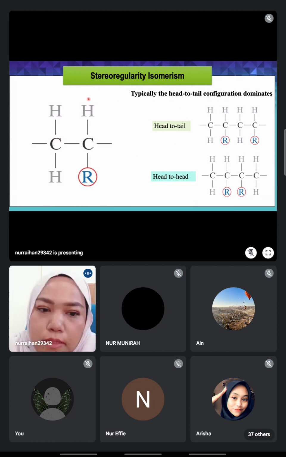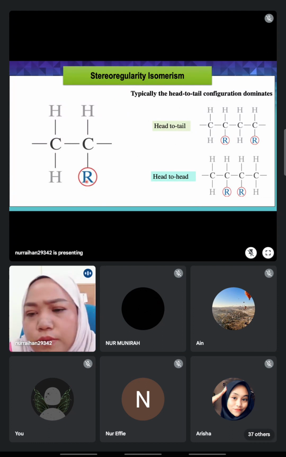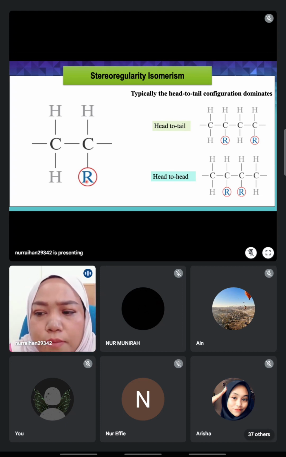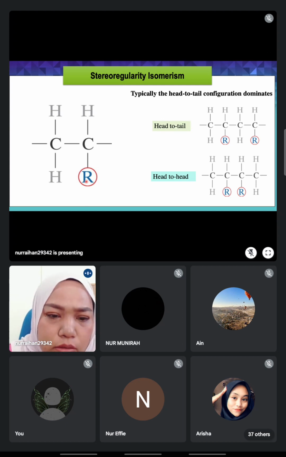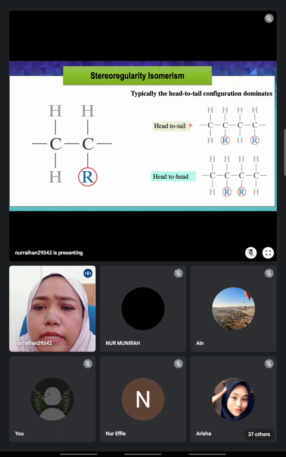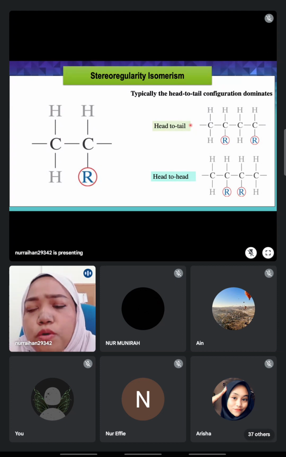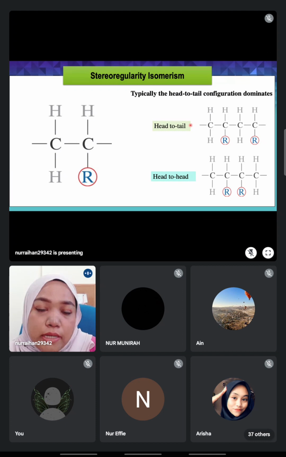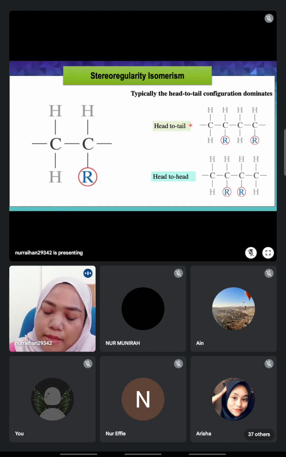Okay, ni another example. So anything lah, kalau R ni anything, it can be either CH3, Cl, fluorine ataupun OH dan sebagainya, depends on the polymer. Okay, so there can be either head to tail arrangement. So head to tail arrangement can give either iso or the syndio because it occur in the regular, but it can be either in the same side ataupun in the alternate side.